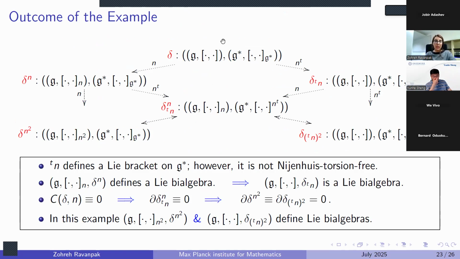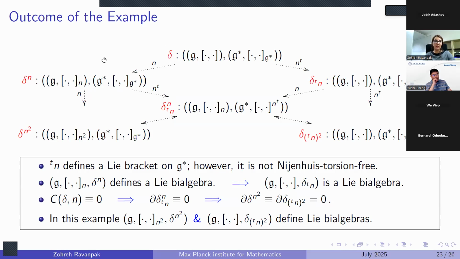So how? This is the first one. With that data, we prove that delta is also a cocycle in the deformed Lie algebra with respect to the deformed Lie bracket. And as I mentioned in the beginning, we proved that this is a Lie bialgebra if and only if this is a Lie algebra.